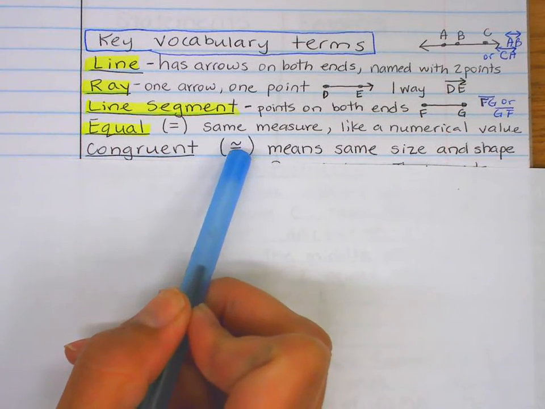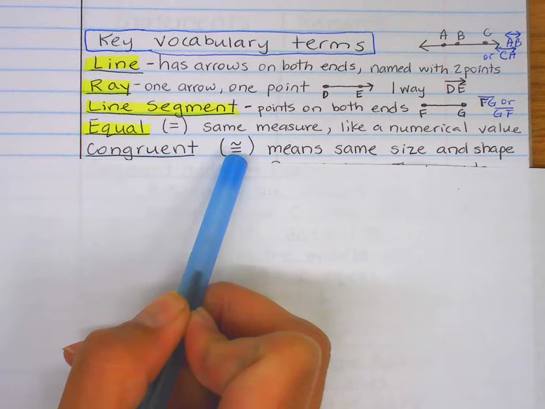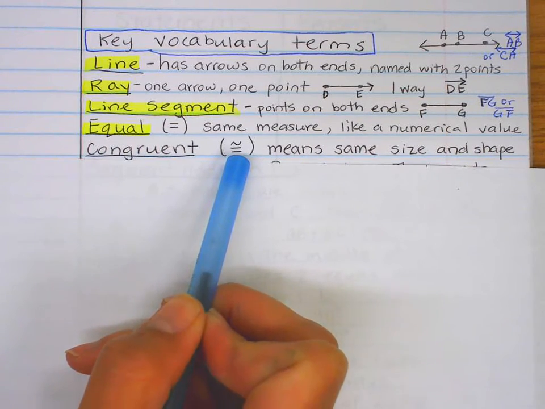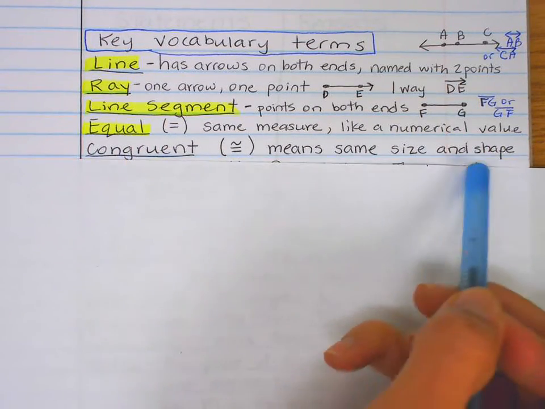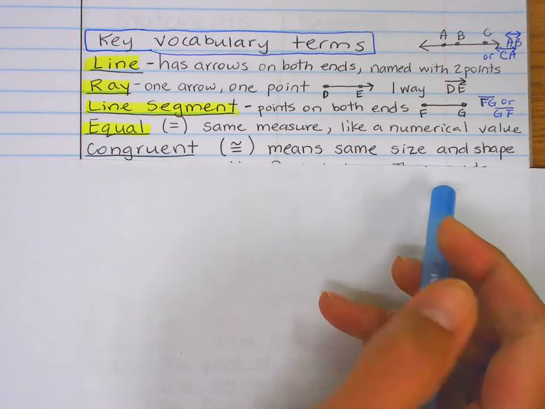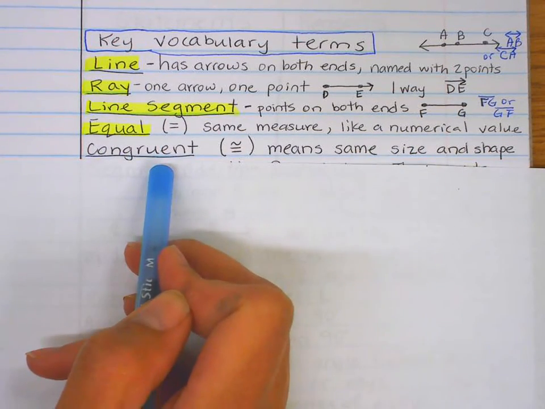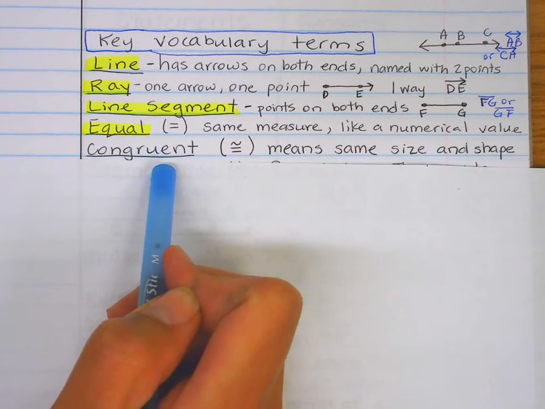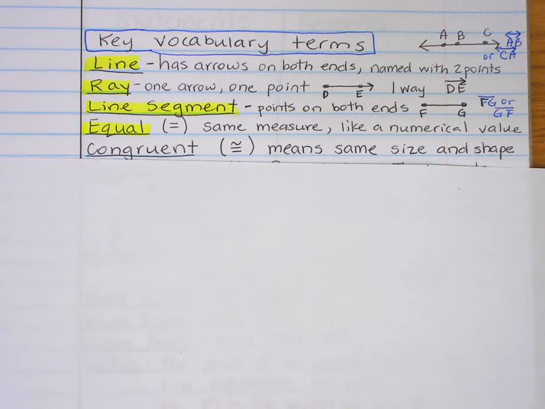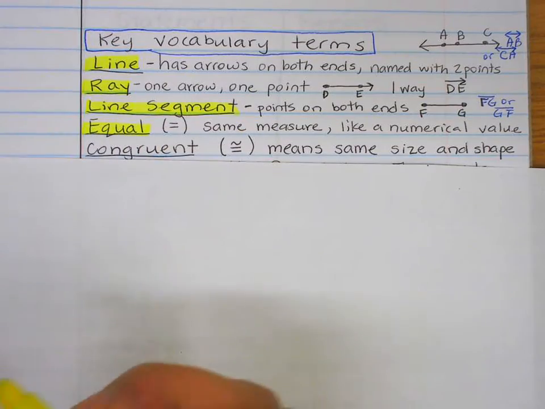Congruent is like an equals with a little squiggle line on top, like a little wavy line. Congruent means the same size and shape. We talk about congruent figures, congruent segments, congruent angles. There's a lot of times we talk about congruent, but we don't say equal.